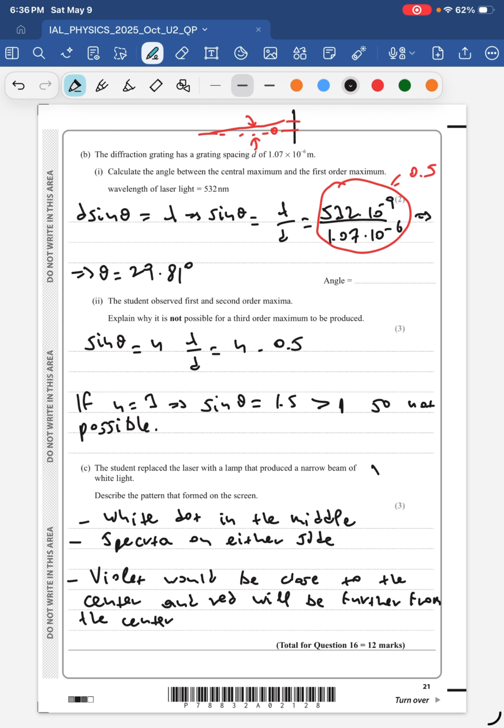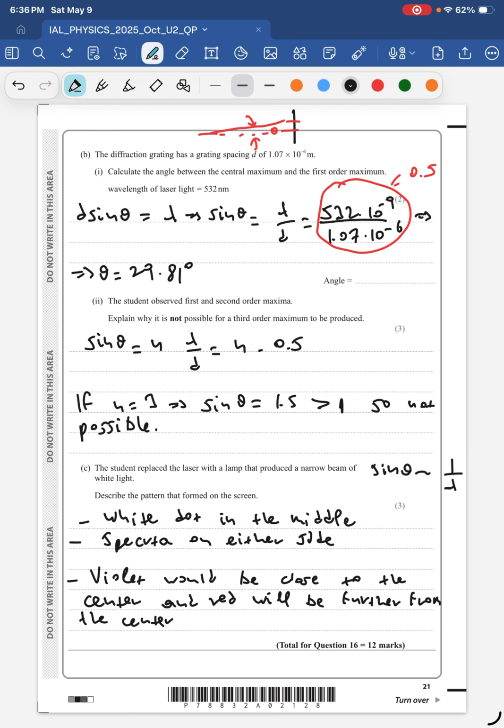And the reason is that sine theta is proportional to lambda, so the smaller lambdas will be close to the center, whereas the larger lambdas are going to be away from the center. Okay, so this was question 16.